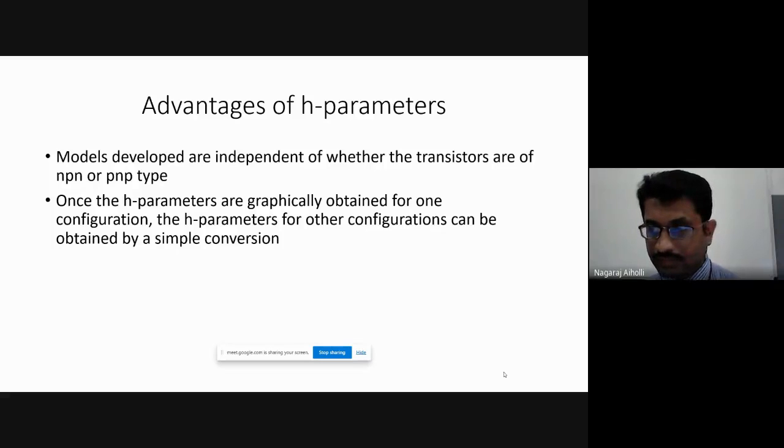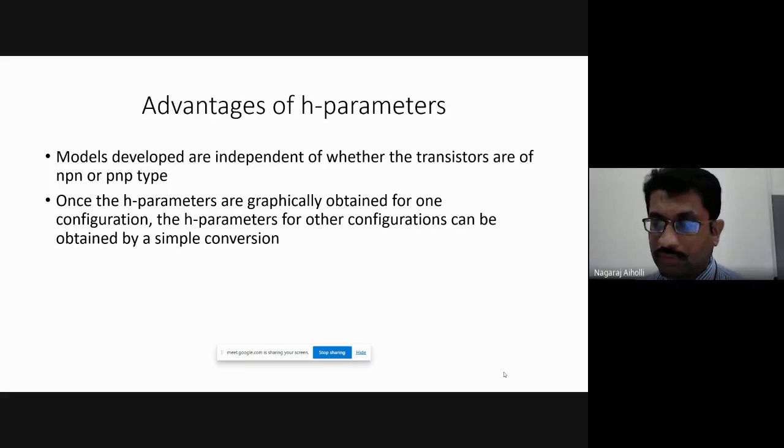Then coming to question number 6: define H parameters and obtain the H parameter equivalent circuit of common emitter configuration. This is explained in question number 1.